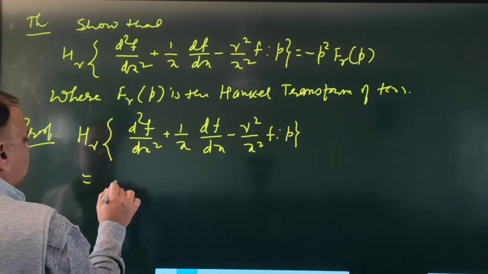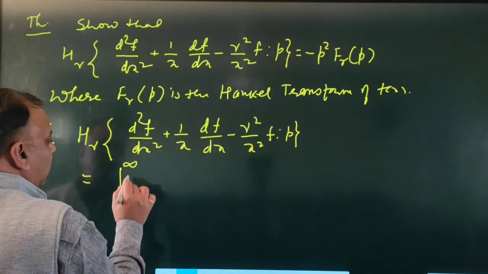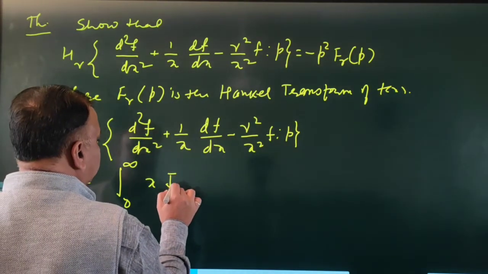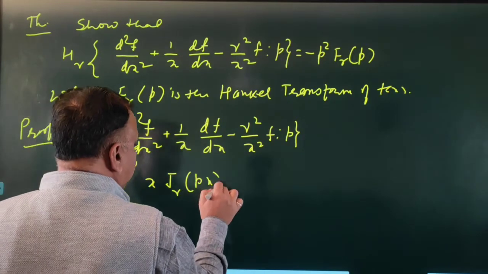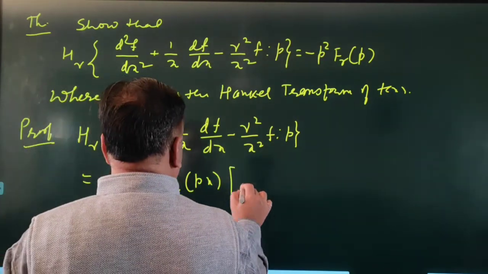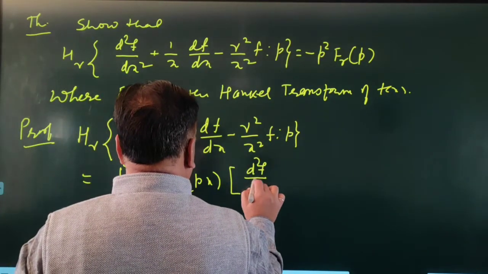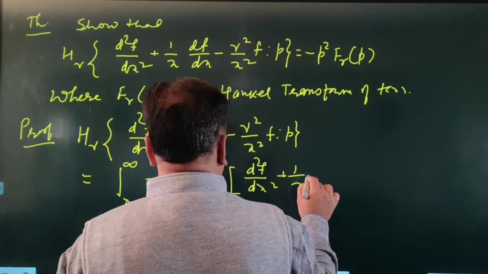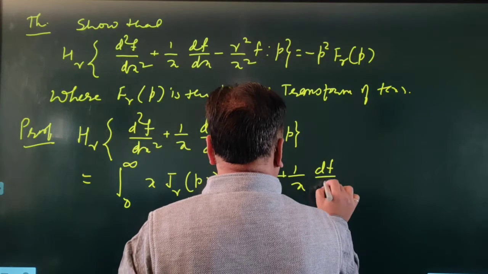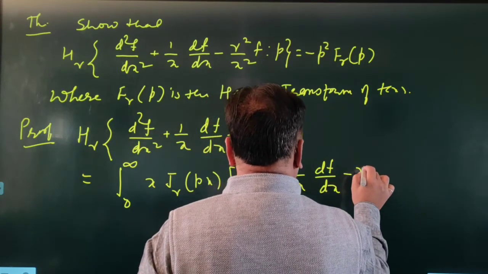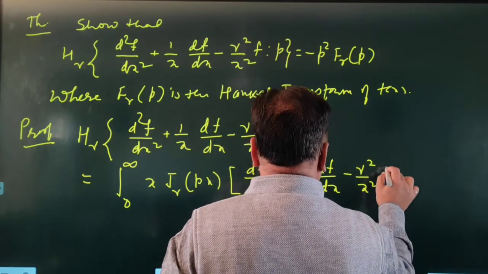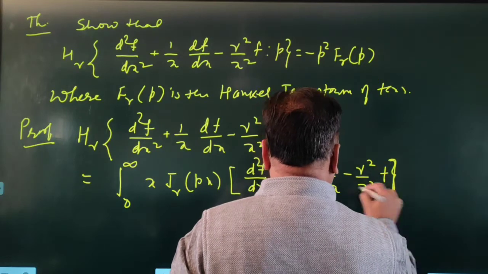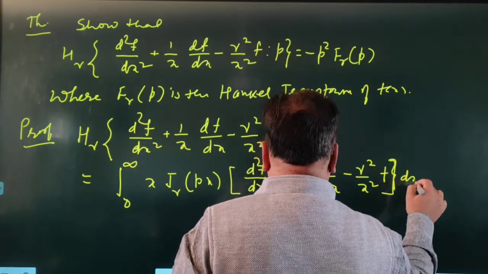By the definition, this is equal to the integral from 0 to infinity of x J_nu(px) times f(x), where this f(x) is given as d²f/dx² plus (1/x) df/dx minus (nu²/x²) f, dx.